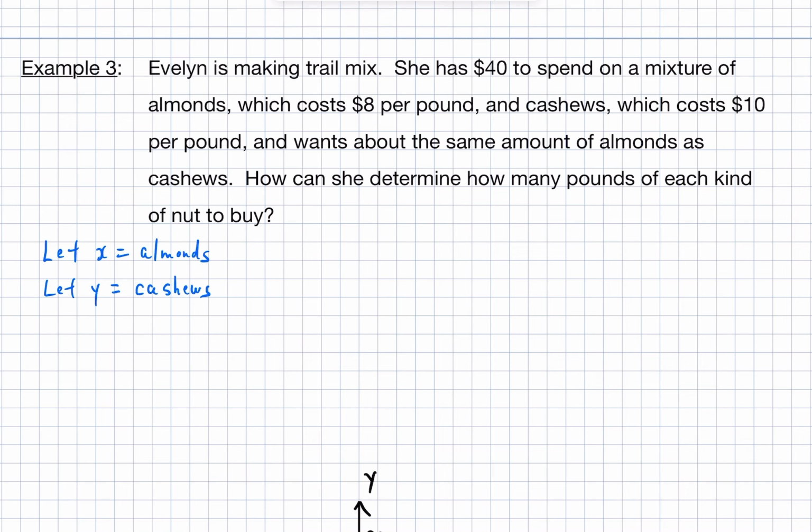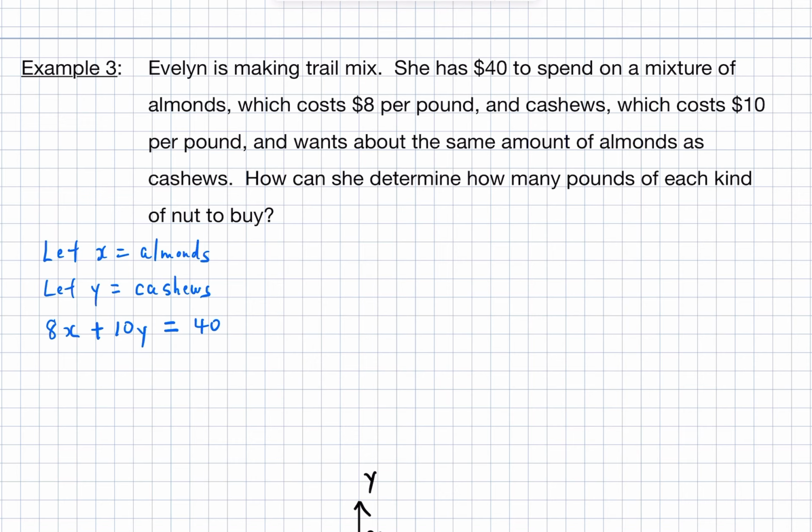So that means $8 per pound, and x is my almonds, plus the cost of cashews, which is $10 per pound, times y, which is our cashews. And that total that Evelyn is willing to spend is $40. Okay? So that is our standard form equation for the scenario. 8x plus 10y is equal to 40.